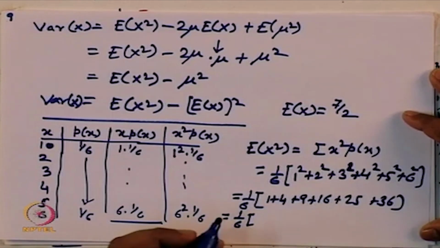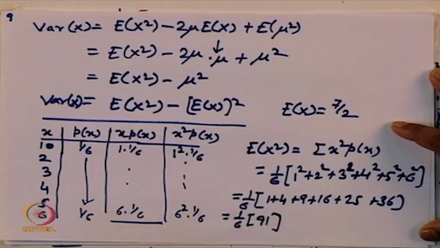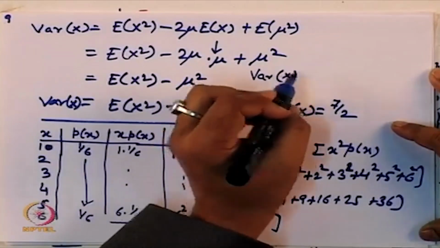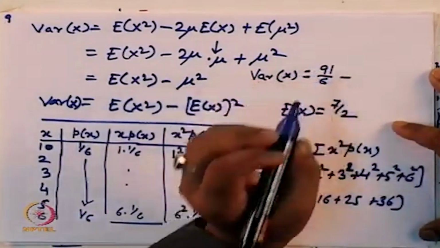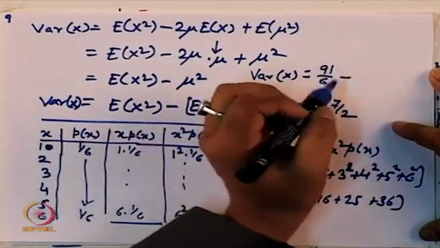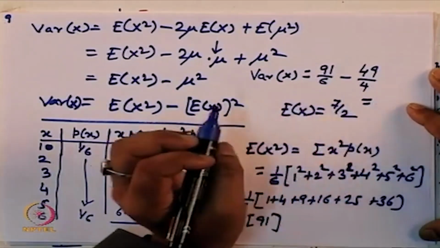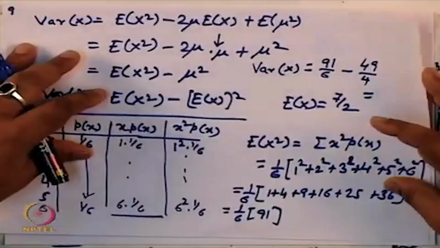So, your variance of x will turn out to be 91 by 6 minus, E x is 7 by 2, so 49 by 4. Okay. You can simplify this and calculate the final value of variance.